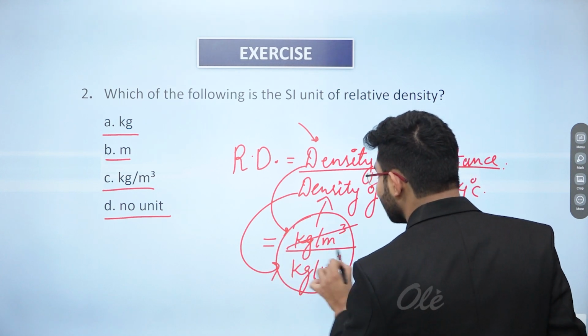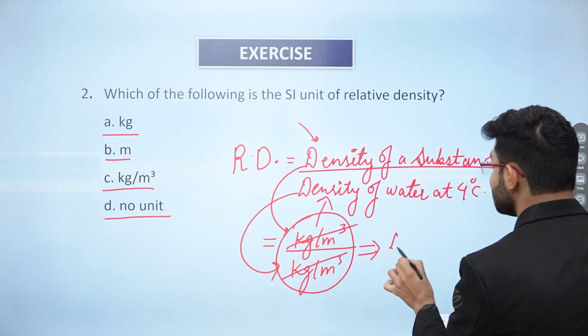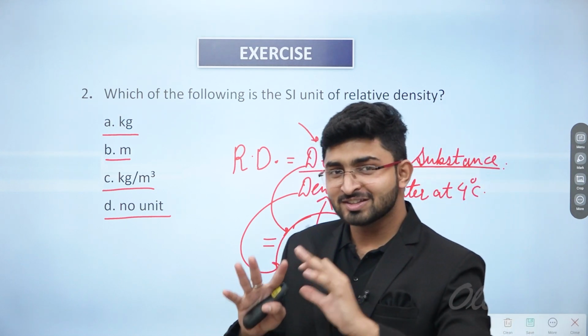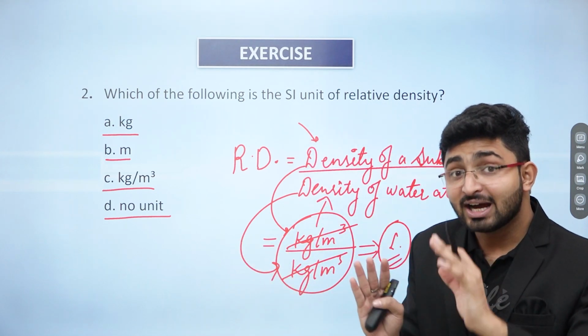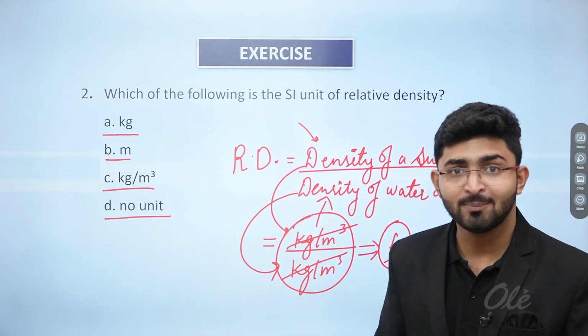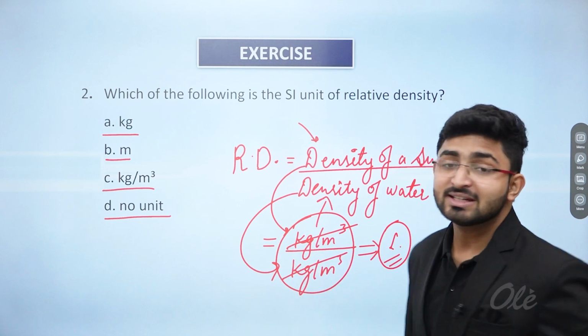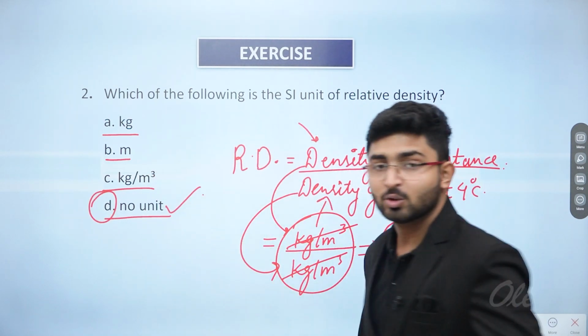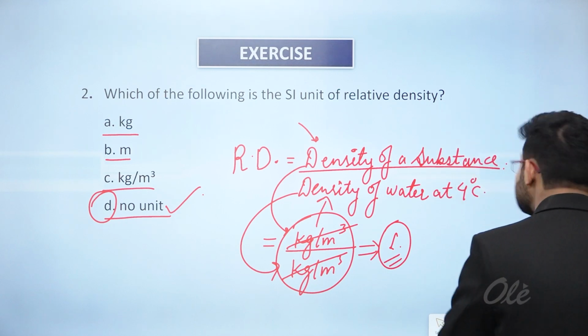When we cancel it out, it becomes 1, which means that there is no unit of relative density. This is something magical, right? There are some quantities in physics which don't have any SI unit, okay? That's why relative density is unitless. So option D will be the correct answer here, okay? I hope this is very easy for you.